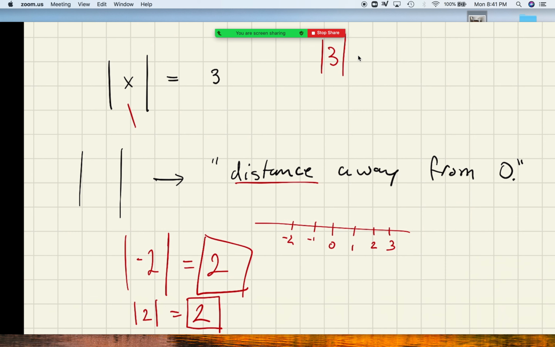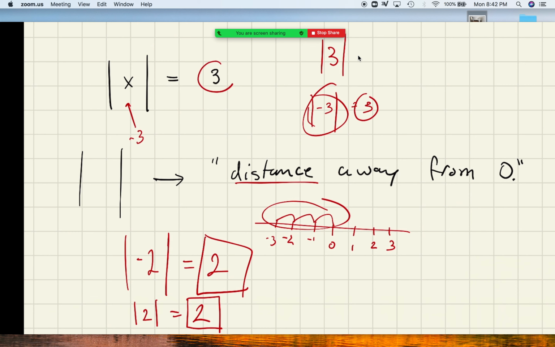So if I plugged in a 3, that works. If I plug in a -3, does that work? The absolute value of -3, if we're just talking about distance, 1, 2, 3, that distance still is 3. So the absolute value of -3 is 3, and that's what this equation is saying.